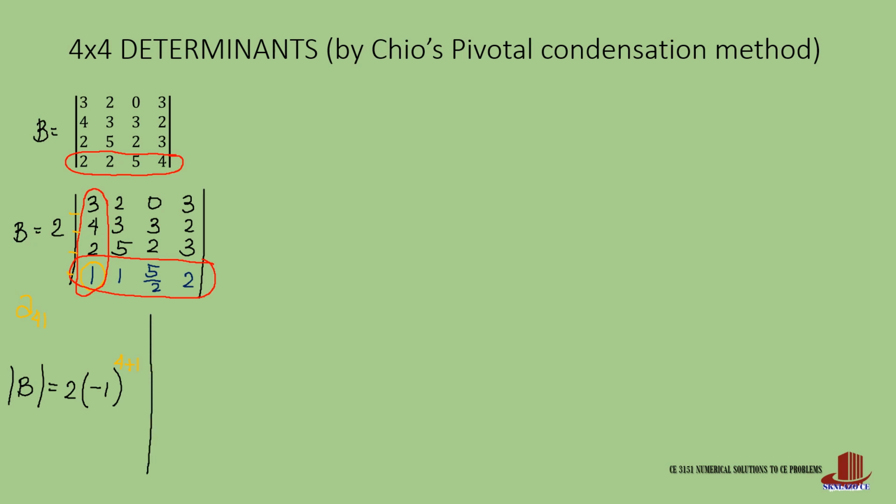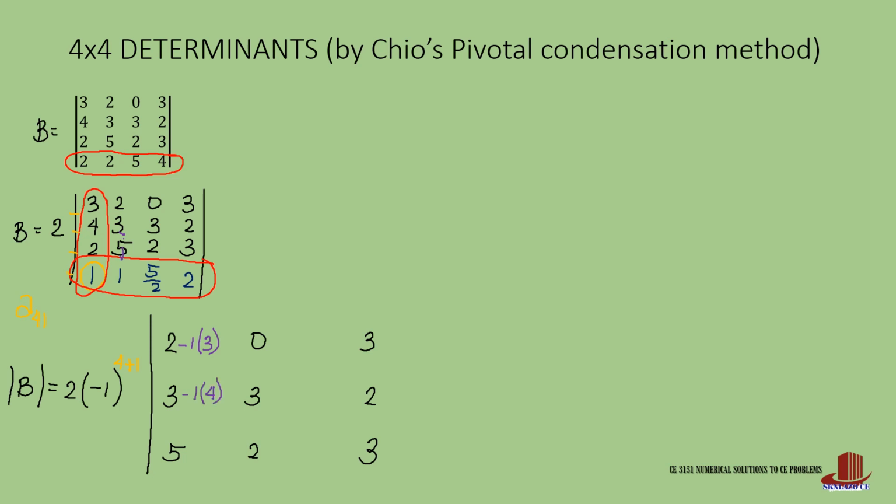Let's have our remaining elements. 2, 3, 5, 0, 3, 2, and 3, 2, 3. Then, we're going to deduct our reflections. So for 2, we would have -1 times 3. 3 would be taken as 1 times 4.